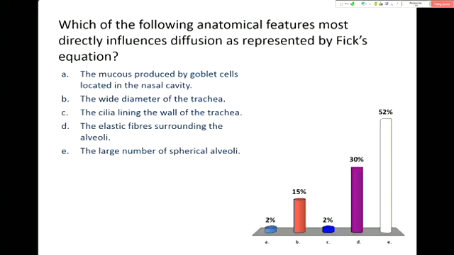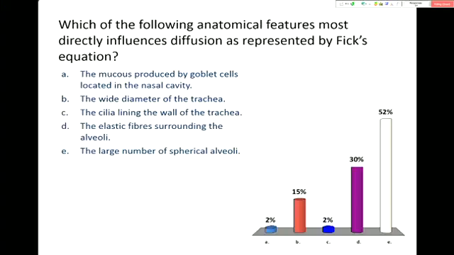One word. It starts with D. Diffusion. Fick equation's all about diffusion. Diffusion of gases.